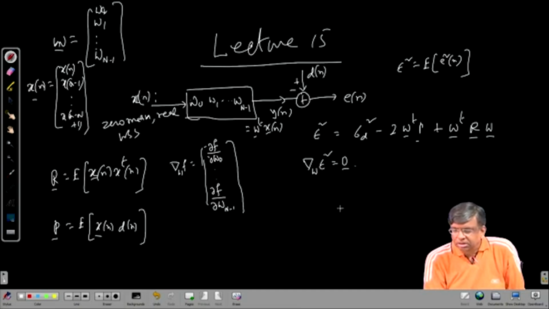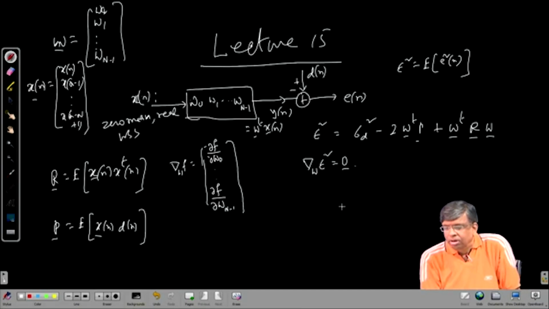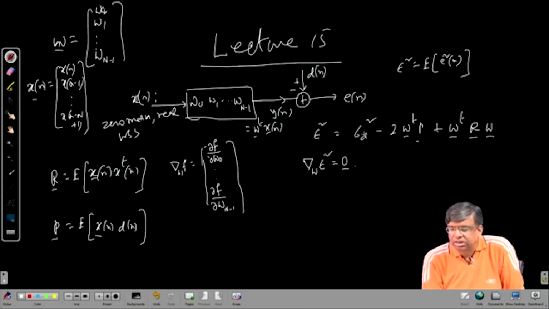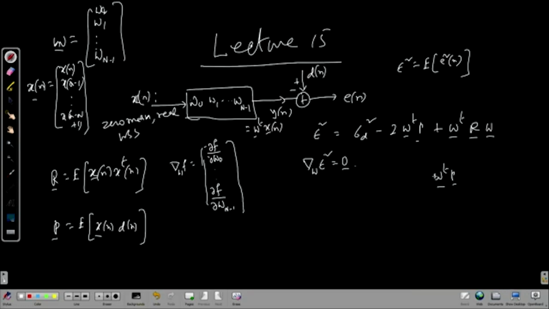Now, to do this, first see that if sigma d square is differentiated with respect to any of the weights, I get 0, because sigma d square is independent of weights. So, this term I do not have to bother about. W transpose P is what? W0 P0, W1 P1, like that.